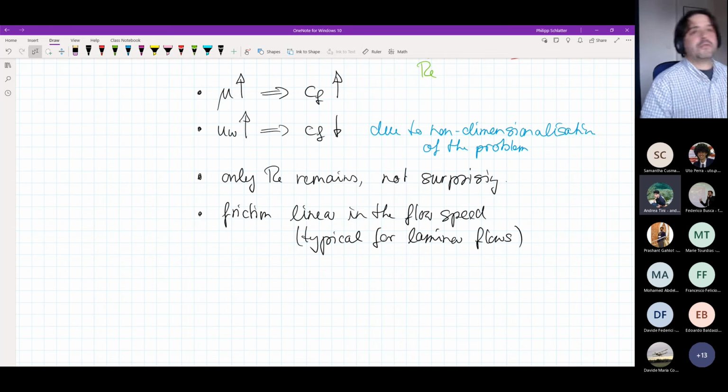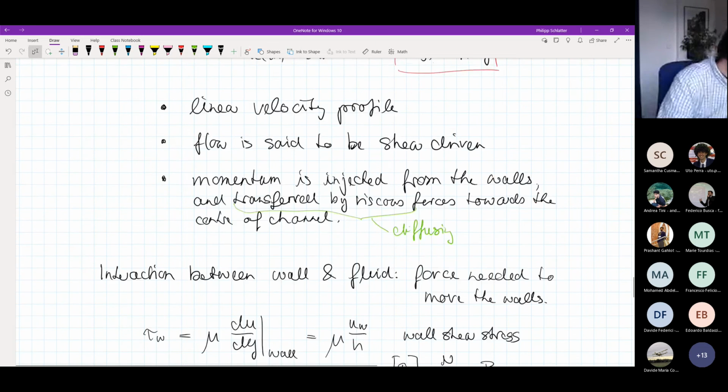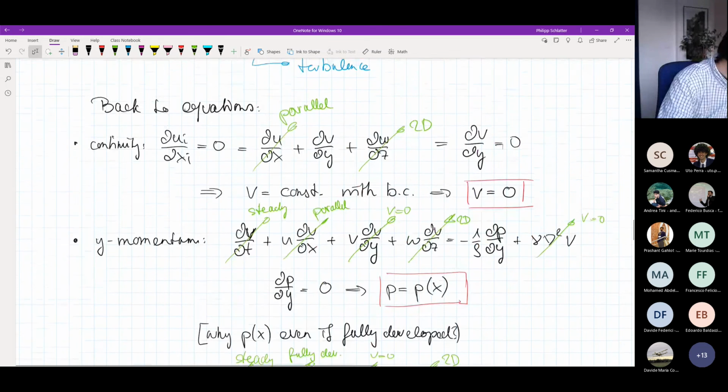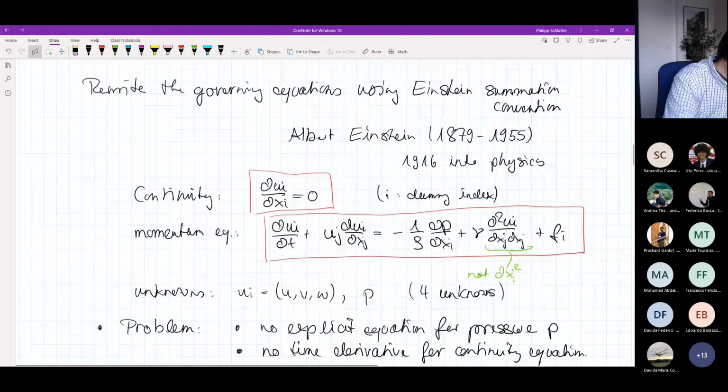Yes, well, that's an interesting question, and obviously, I guess you know the answer, because then suddenly your Navier-Stokes equation, your viscous term, would not look like that.